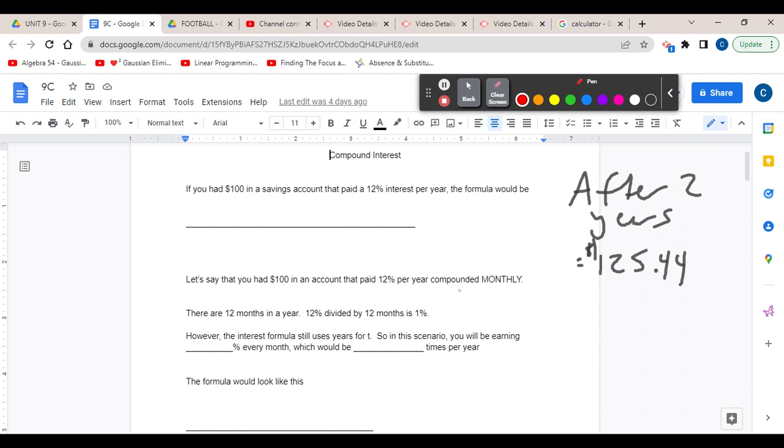So instead of getting 12% per year, I'm going to get 1% per month. So I'm going to have 100 times 1.01. Getting 1% per month, in 2 years that's really 24 months, and that's where the NT cooks into that formula to make it even out. So after 2 years, 100 times 1.01 to the 24th power.